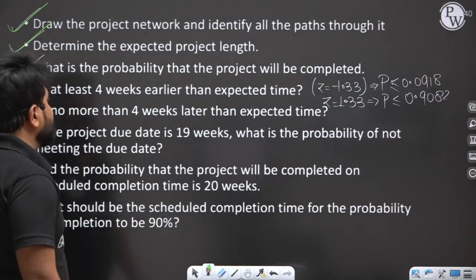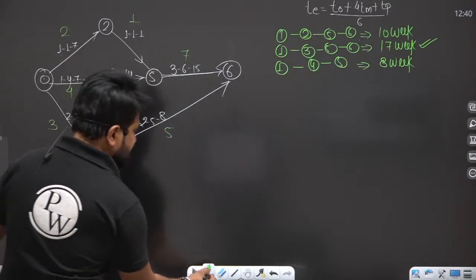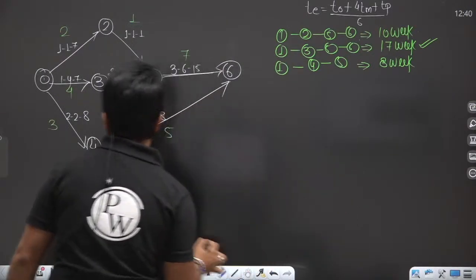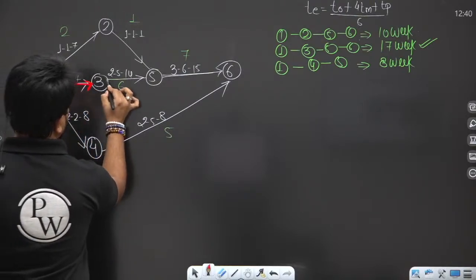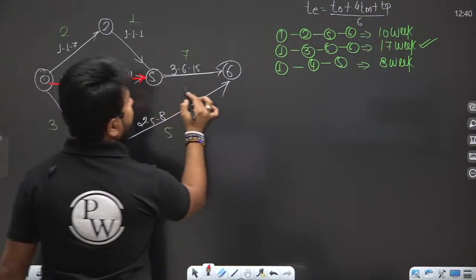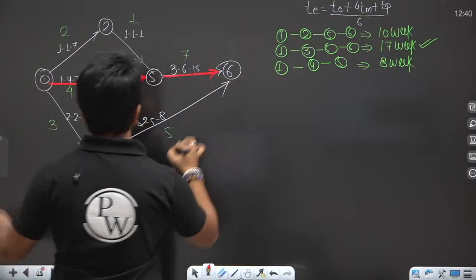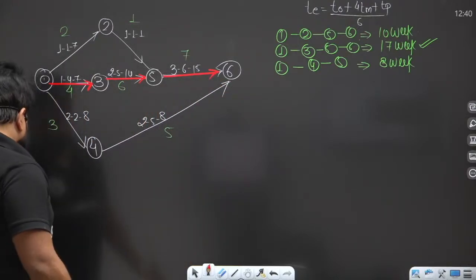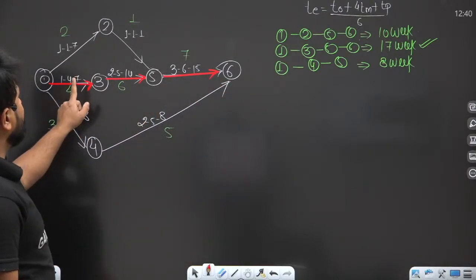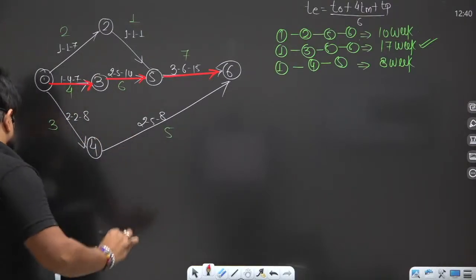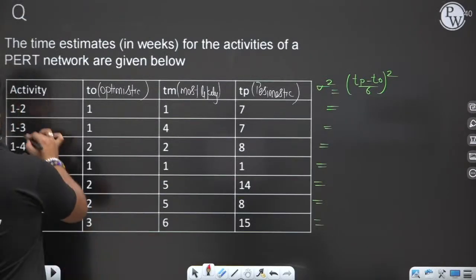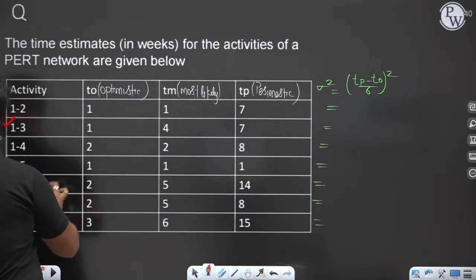So what is the critical path here? The critical path is 1, 3, 5 and 6. So I need the variance of 1, 3, 3, 5 and 5, 6.